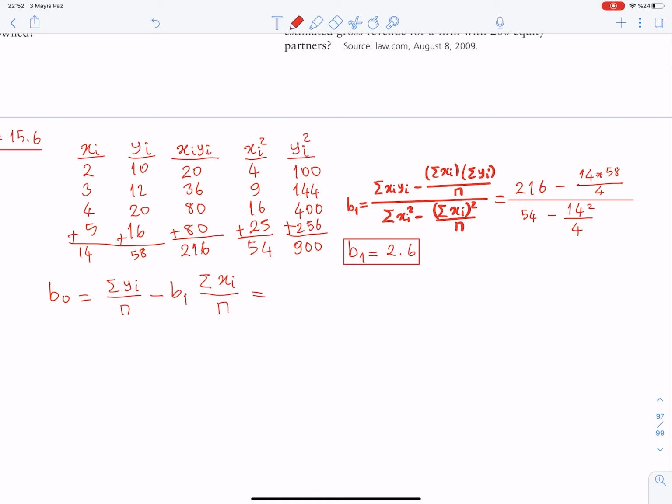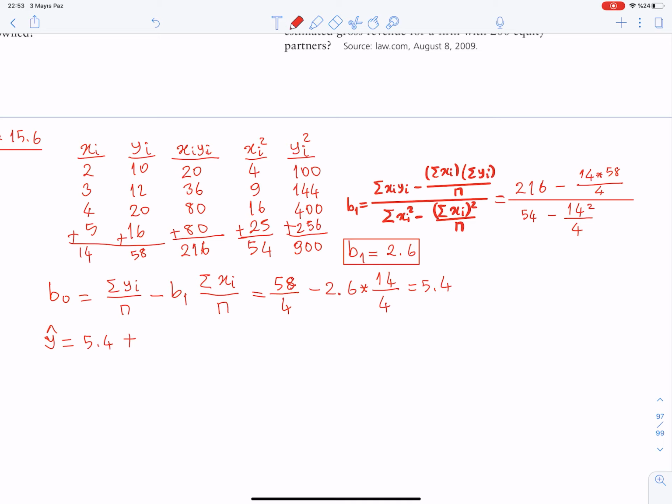It's not that hard. 58 divided by 4 minus 2.6 times the sum of x, which is 14, divided by 4. The result is 5.4.